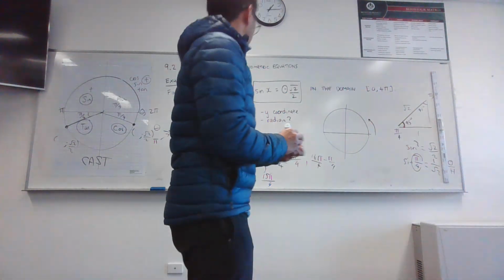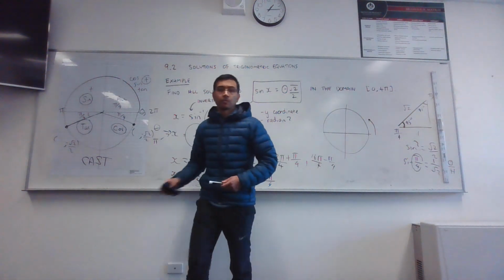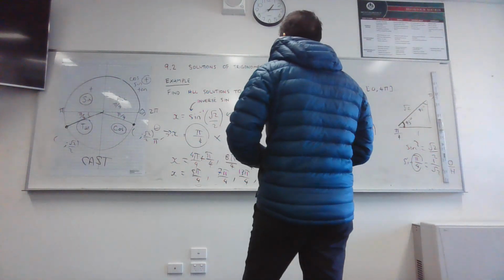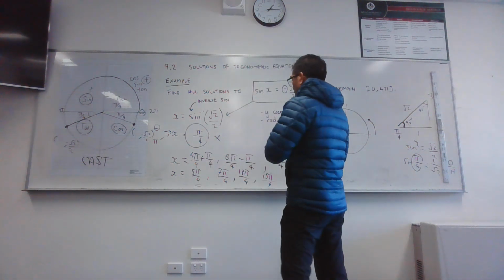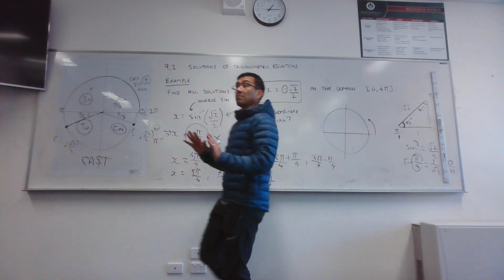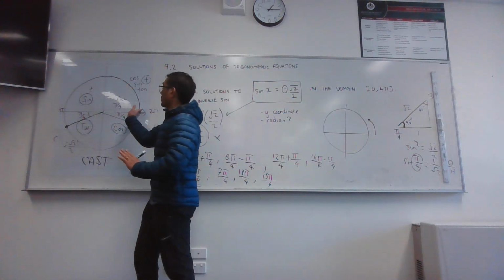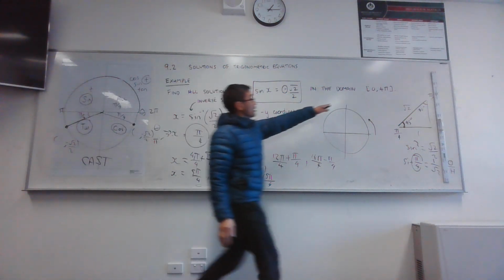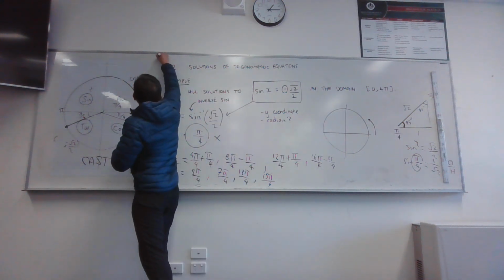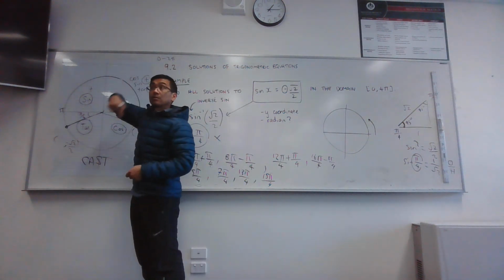Any questions with that? Very good. Which part? 4 answers? Yeah, okay, because of the domain. So this domain here is 0 to 4 pi. So 0 to 2 pi is 1 round.